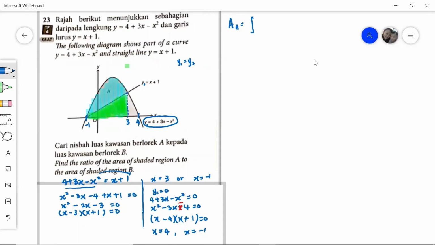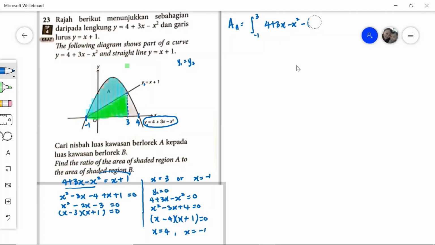Now we can find the area of part A, the shaded region A. That will be integrating the curve minus the straight line from negative 1 to 3. The upper graph, 4 plus 3x minus x squared, minus the linear graph, x plus 1, there's a bracket there.